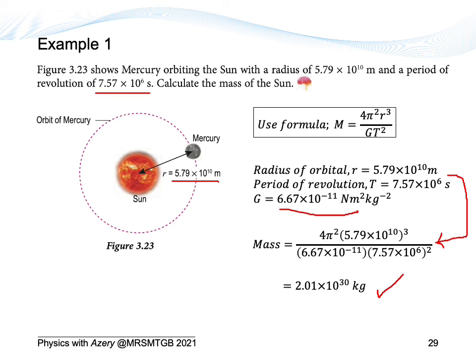This is the mass of the Sun. It will be the same if, let's say, the question changed Mercury to another planet. The answer should be the same because the radius will change and the period also will change. So this change will be consistent, and the value of m will be fixed if you calculate it correctly.